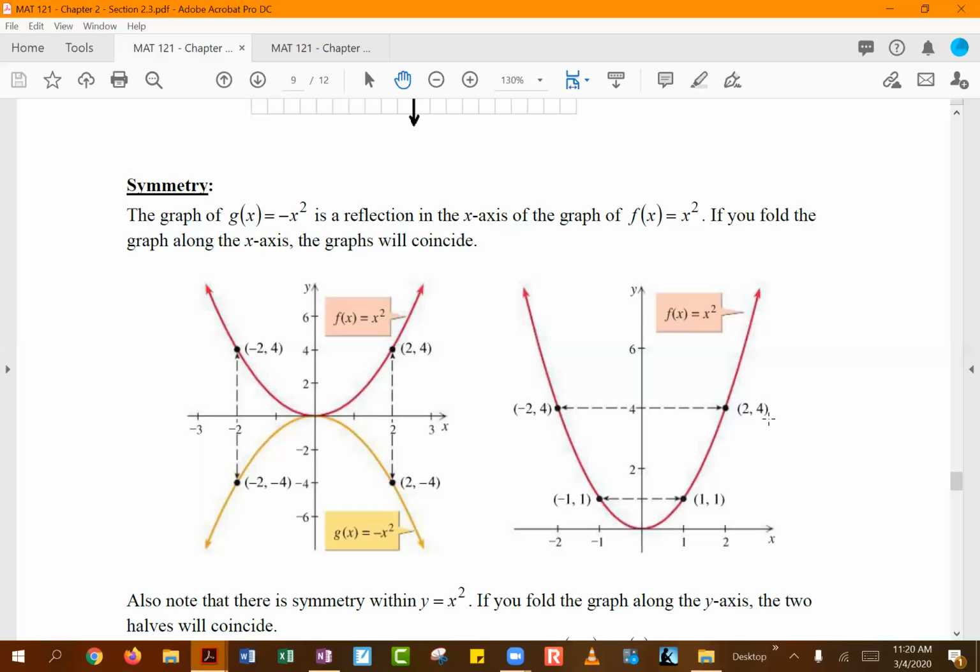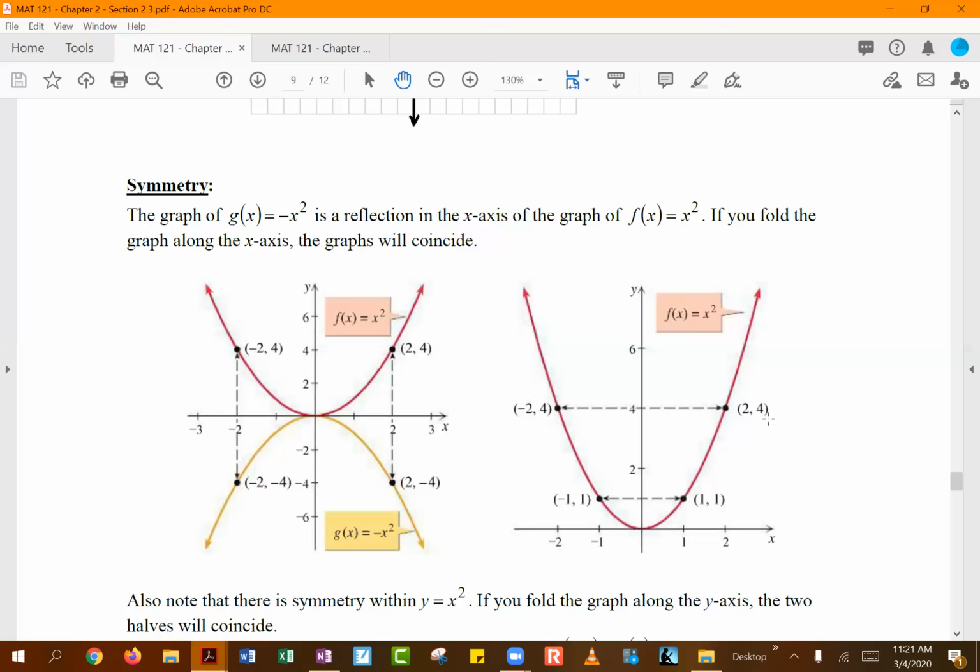So with respect to the x-axis, if we look at this distance from the x-axis to negative 2, 4, and from the x-axis to negative 2, negative 4, then same thing, this distance has to be the same, and same thing on the right-hand side. But like I said, we're not really talking about symmetry with respect to the x-axis, so we'll do symmetry with respect to the y-axis.